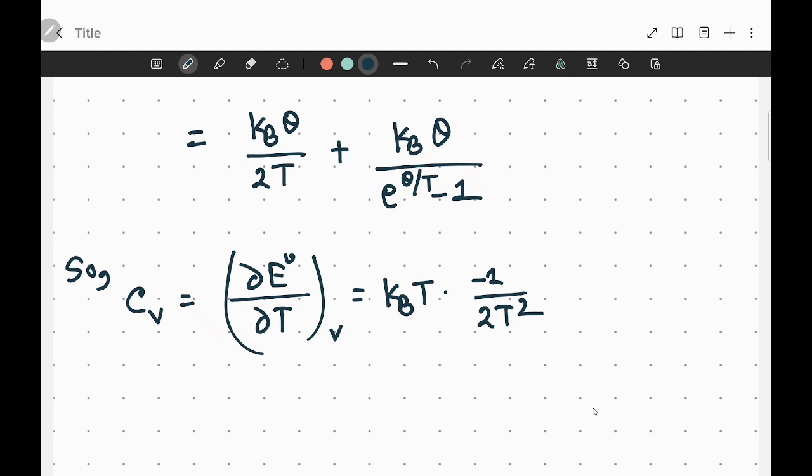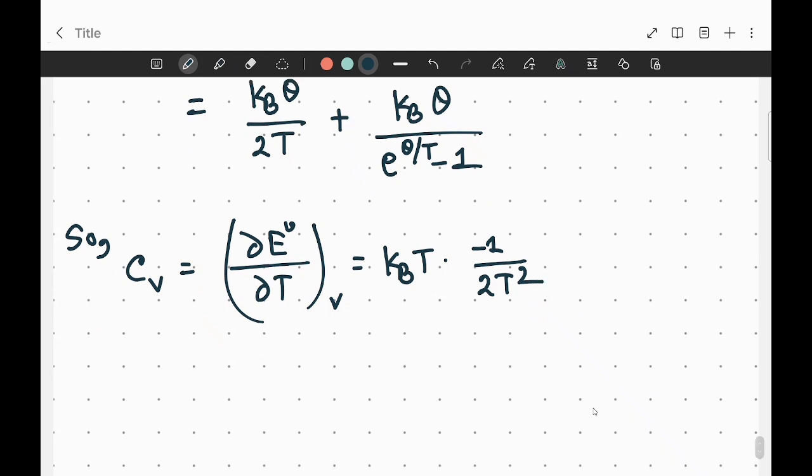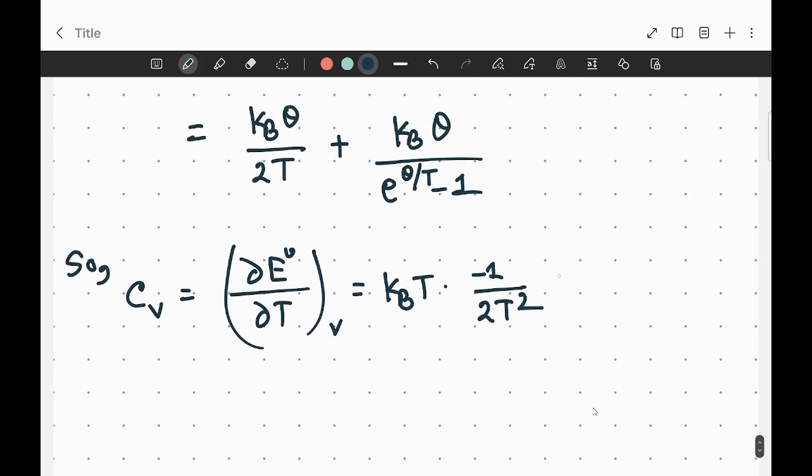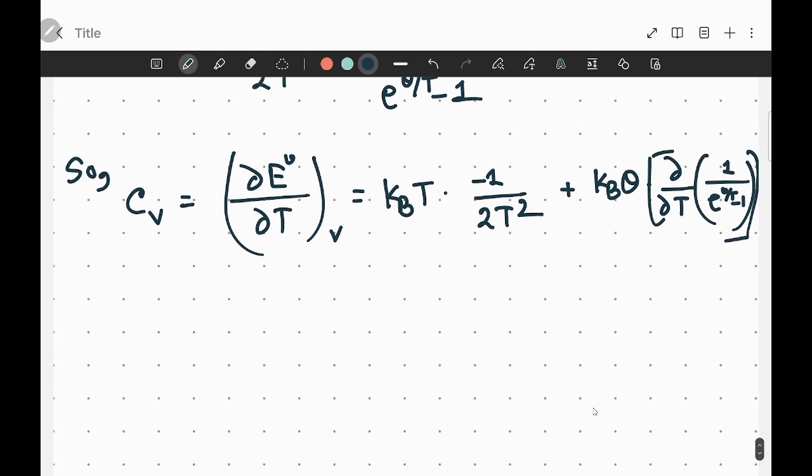From the second term it is plus again. kb theta is constant, and it is del by del t of 1 by e to the power theta by t minus 1. First term is minus kb by 2t, if I'm not wrong.